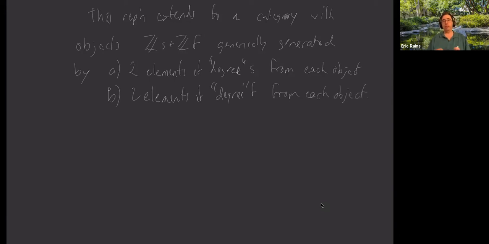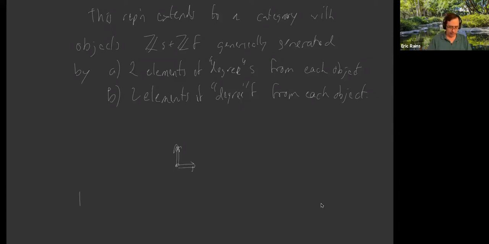Where by the degree, I just mean these objects are basically points in this lattice, and the degree of a morphism from point A to point B is B minus A. So in other words, we have a grid, and we have two vertical generators and two horizontal generators from every object.